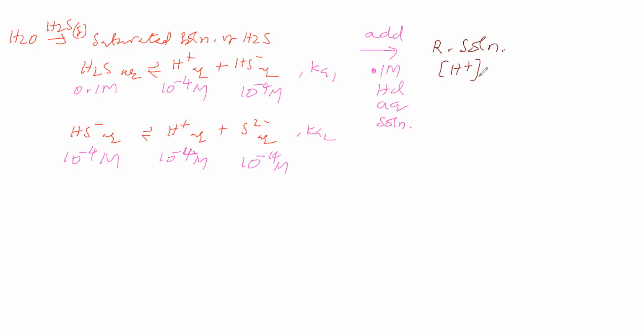Will it be greater than this system, lesser than this system, equal to this system, or not vary? What do you say? One student says the concentration of H plus increases in the resultant solution. One student says the concentration of H plus does not change.